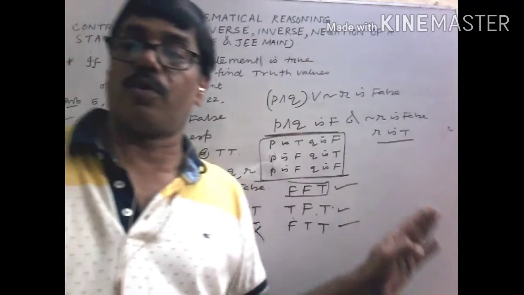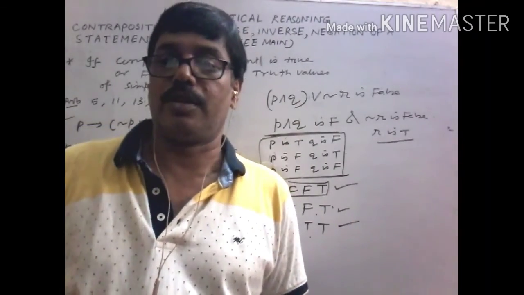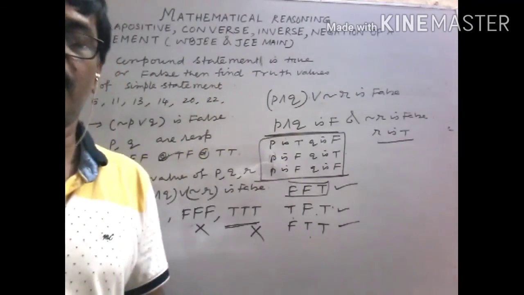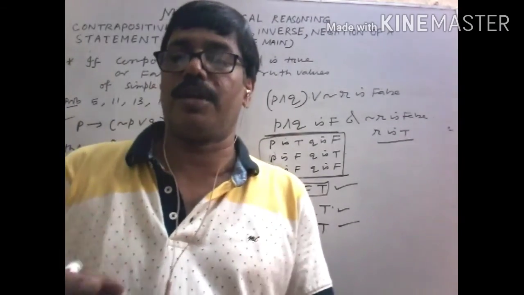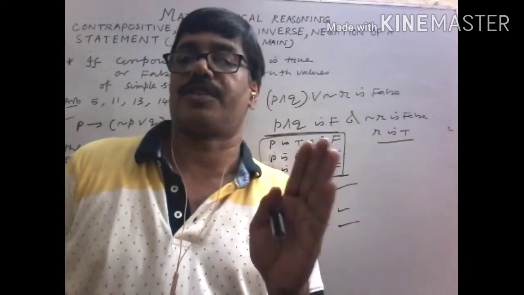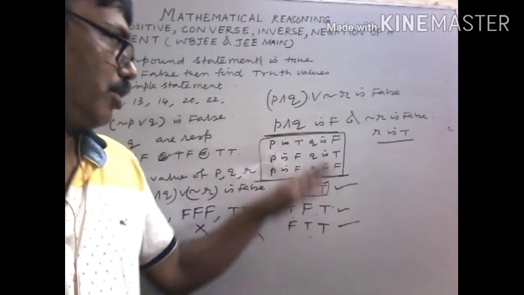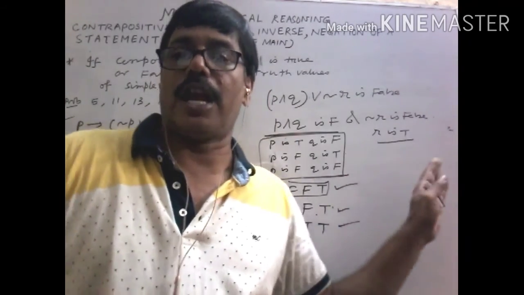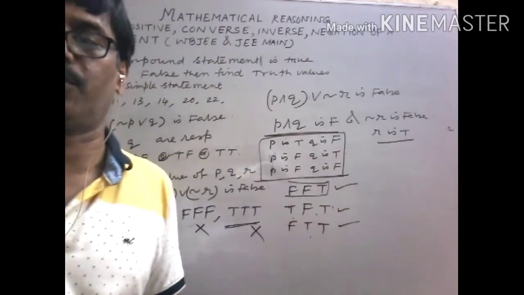These are all 4-mark problems of JEE Main. With least effort, it is very simple to answer this type of problem in least time. You need only the truth table and the meaning of P arrow Q.